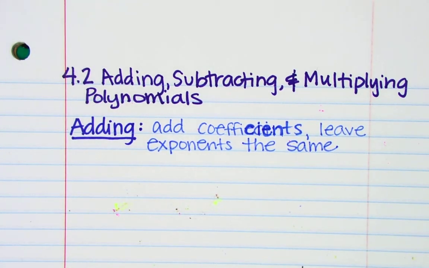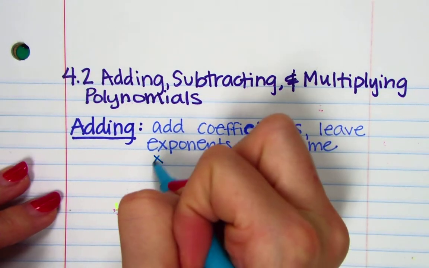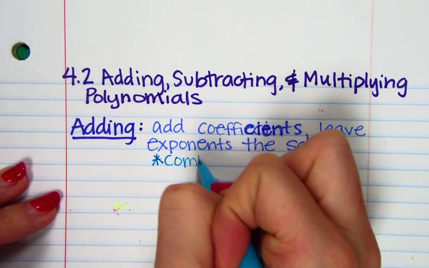Coefficients are the numbers in front of the variables. Exponents are the little numbers floating to the right of the variables. Basically, what we're going to do on these is combine like terms.